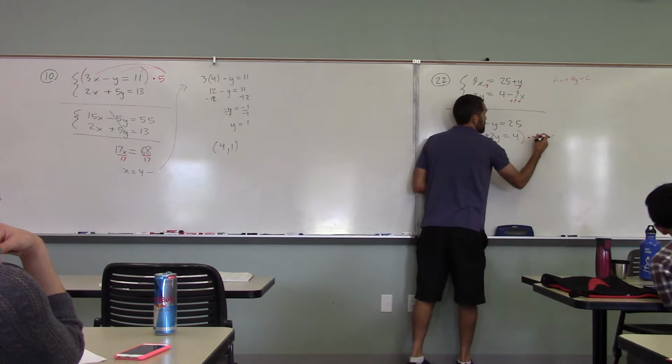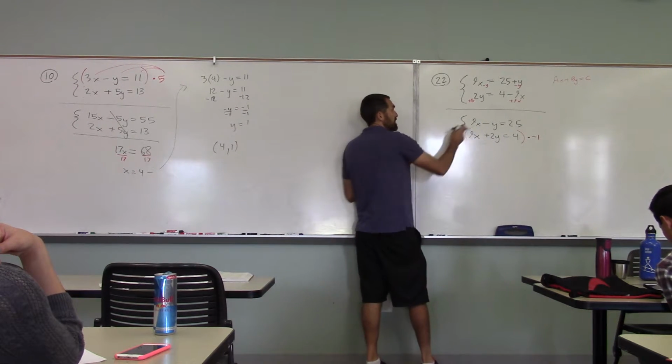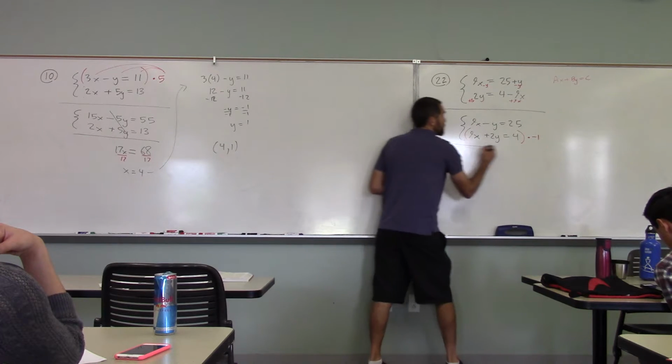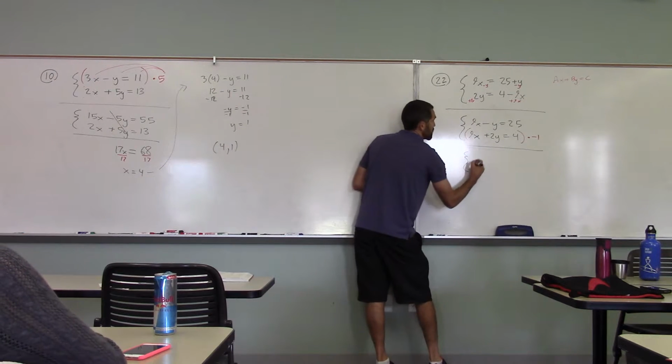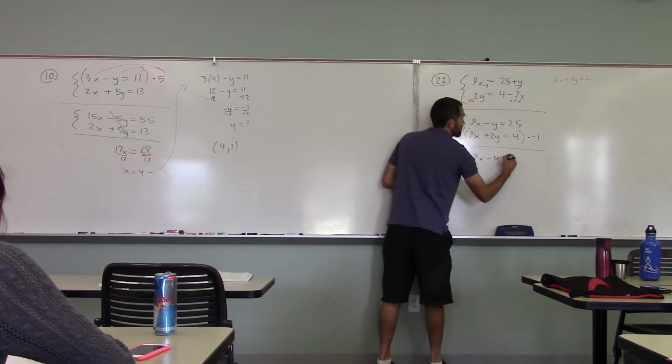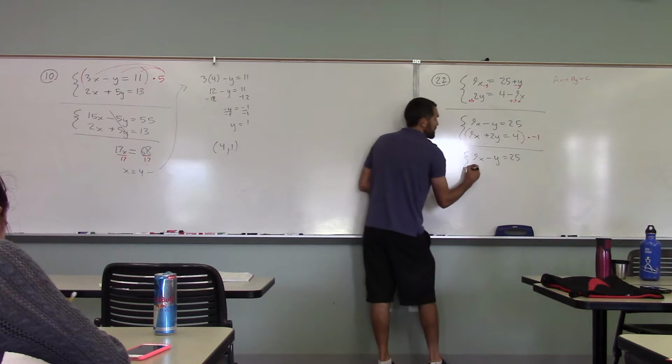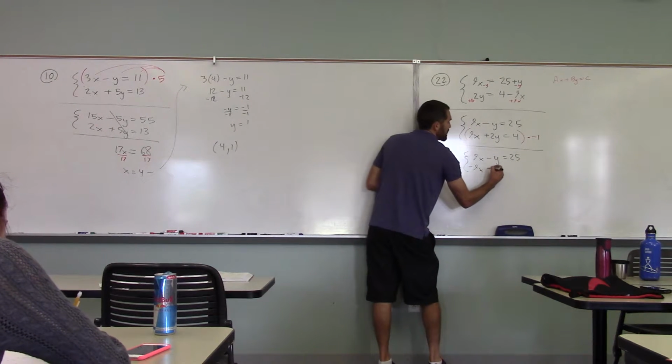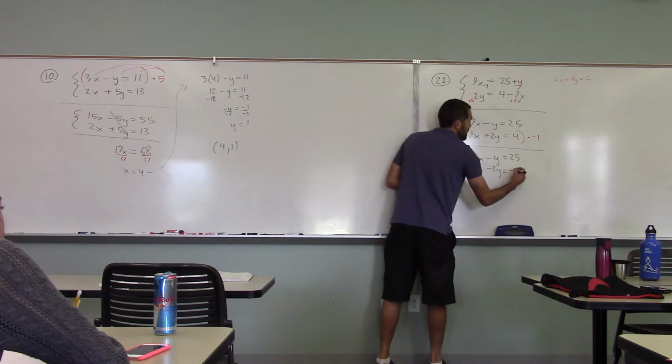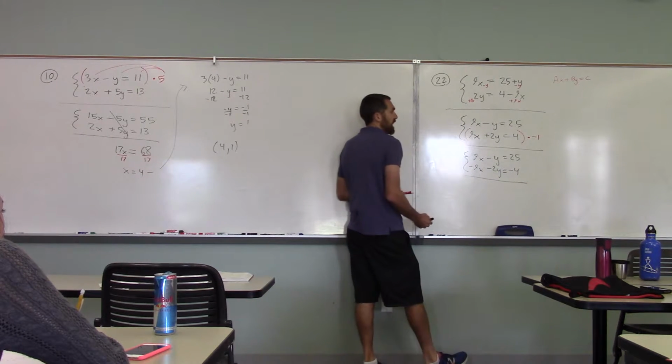Exactly. Multiply either one by -1, and now my 9x and -9x will cancel. So now this becomes 9x minus y equals 25. Negative 9x minus 2y equals -4, and now I can add them.